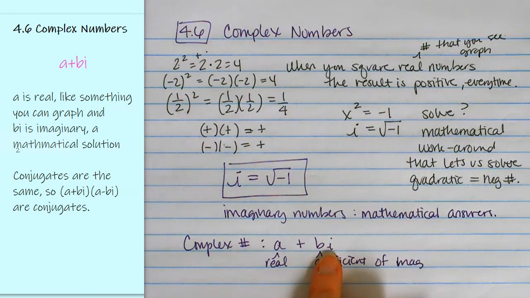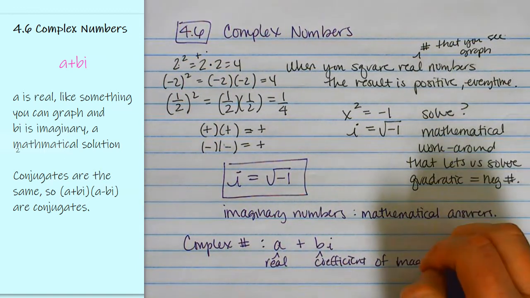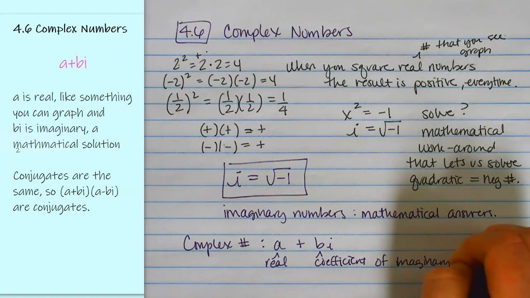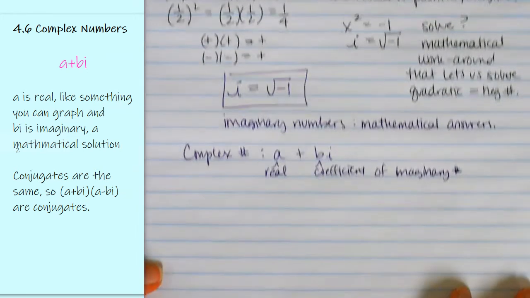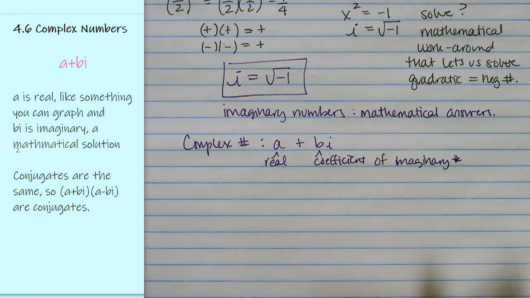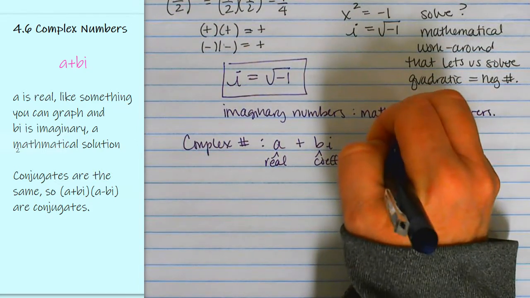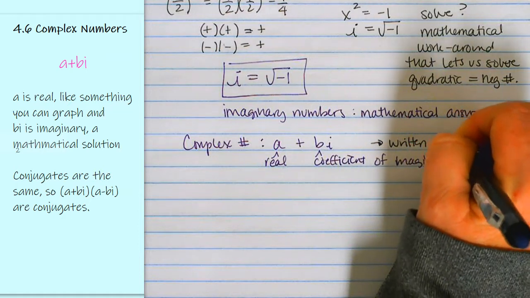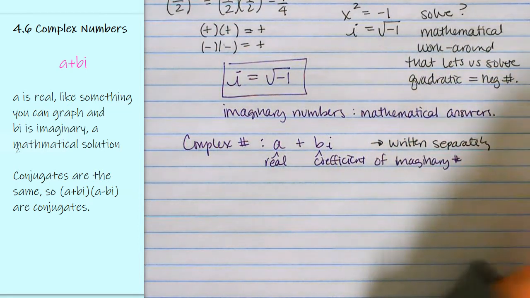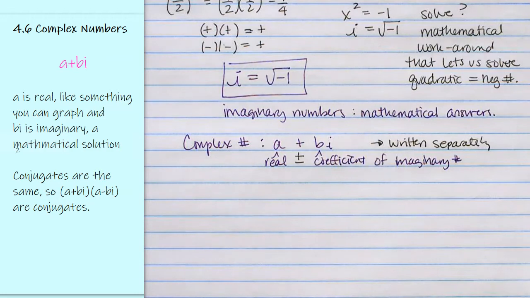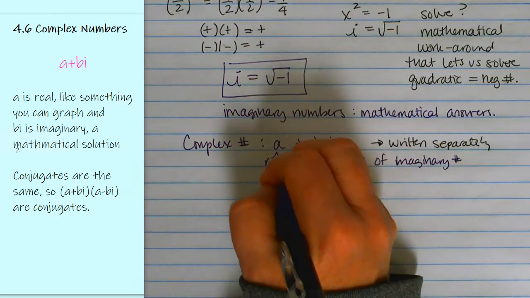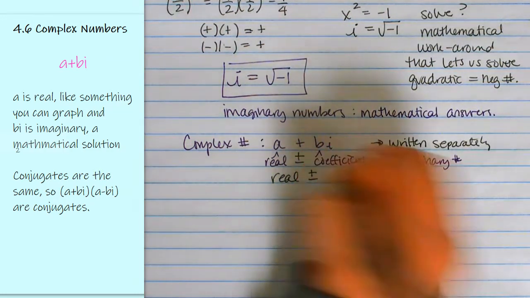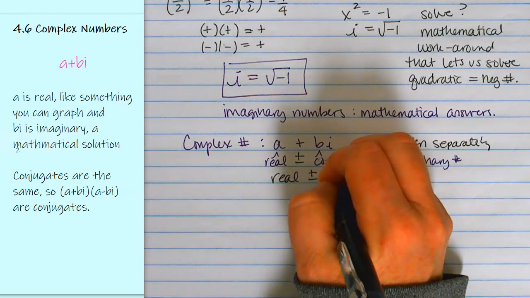So this is the imaginary part, and this is the real part. Complex numbers are always written separately, which means that we're going to write the real plus or minus the imaginary part. So it's real plus or minus, depending on what b is, imaginary.